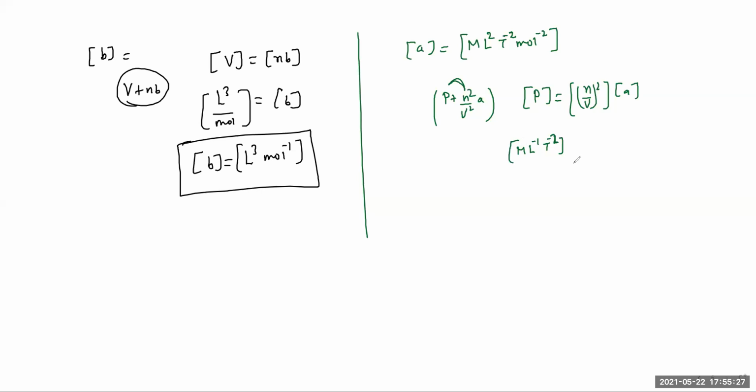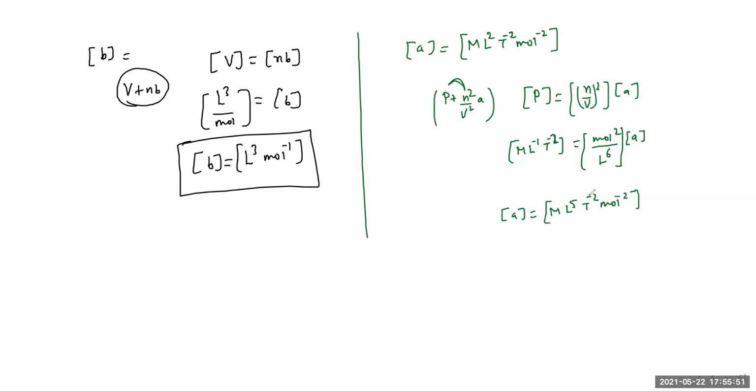Mole square I can't do anything about. This is L power 6 into A, because it's V square. So the dimension of A I'm getting is M L5 T minus 2 mole minus 2.